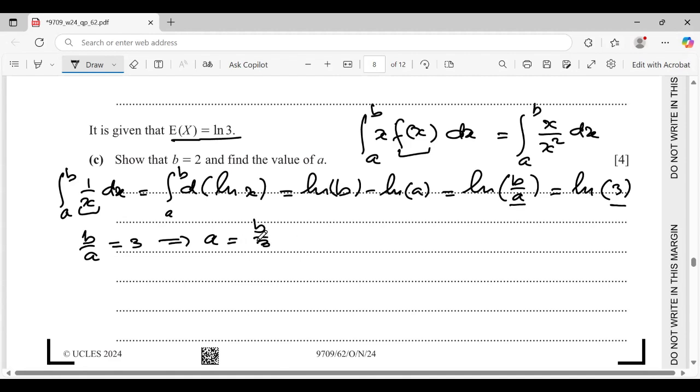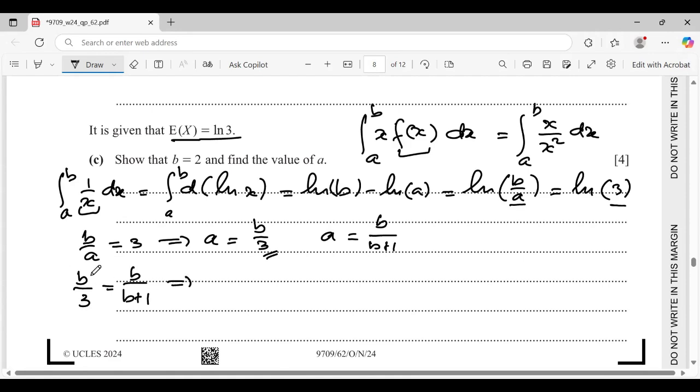Substitute this information into the previous information that a equals b over b plus 1. So it's going to be b over 3 equals b over b plus 1.